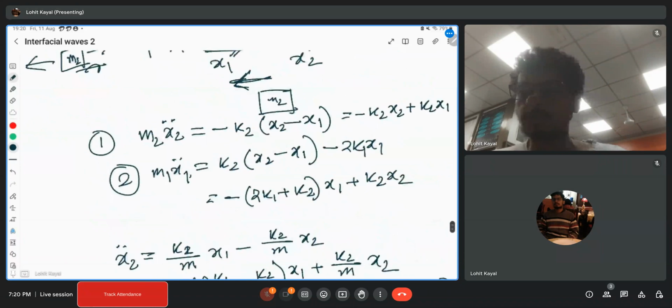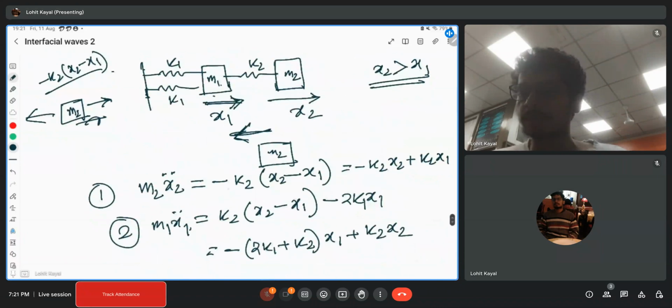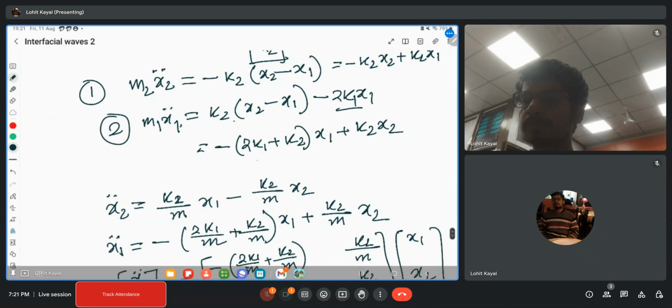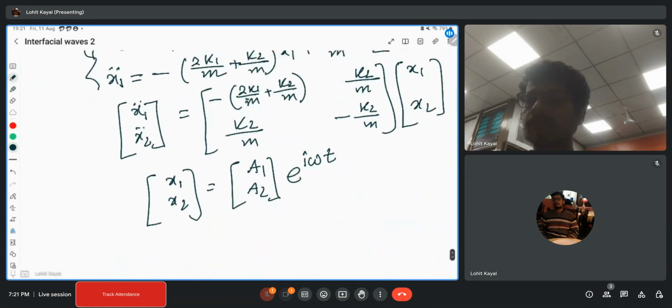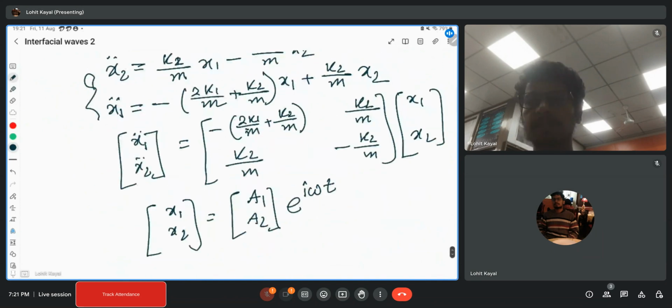Similarly for m1, the sign is opposite, as I told you in the last class, due to Newton's third law. And as these two springs are in parallel, it will be k1 plus k1, that is minus 2k1 into x1. These two are the governing equations, and I have written them in matrix form.